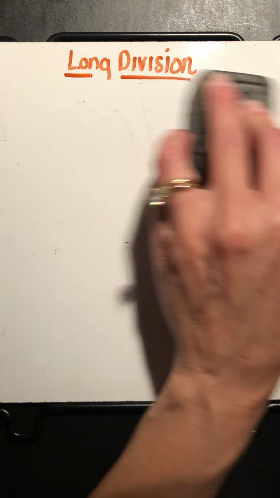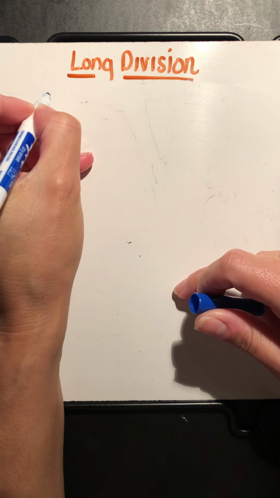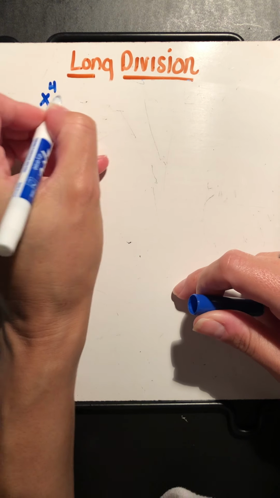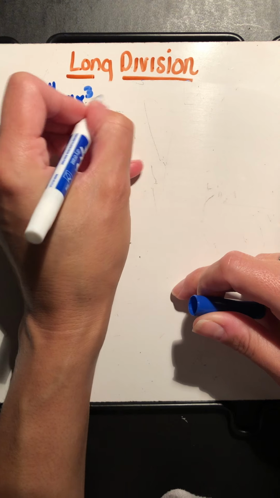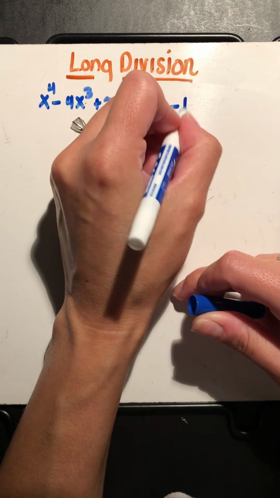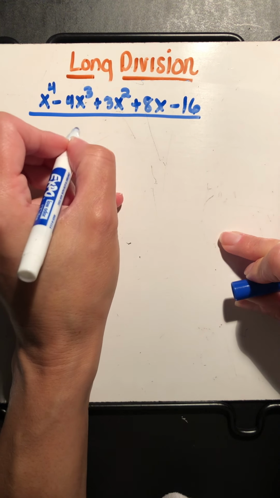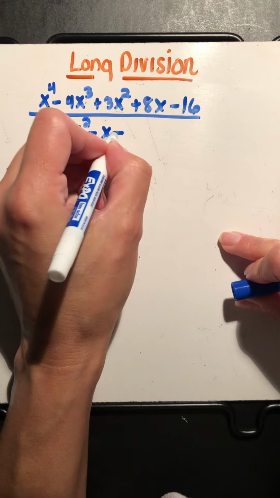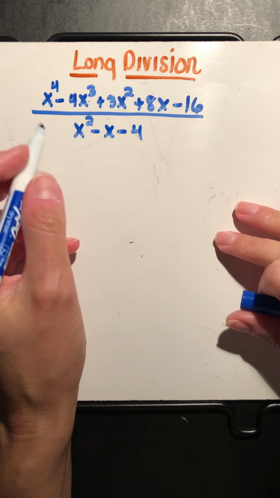Let's say I had x to the 4th minus 4x cubed plus 3x squared plus 8x minus 16 divided by x squared minus x minus 4. So that's a super complicated version of what you did in third grade.